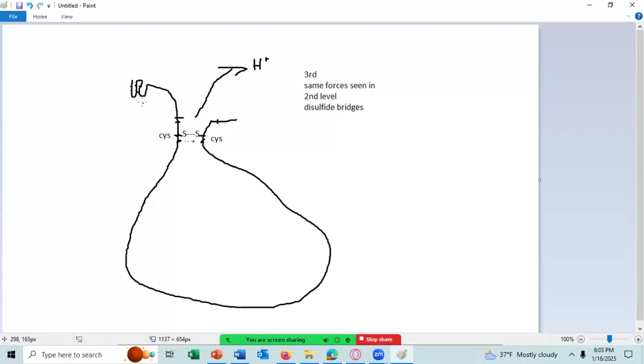And if you don't know, when you get your hair permed, what they do is they form disulfide bridges between cysteines in your hair. And that's why when you walk into the shower, you can wash your hair and that cysteine disulfide bridge will last for about a month when you get your hair permed. So this is a very strong bond.